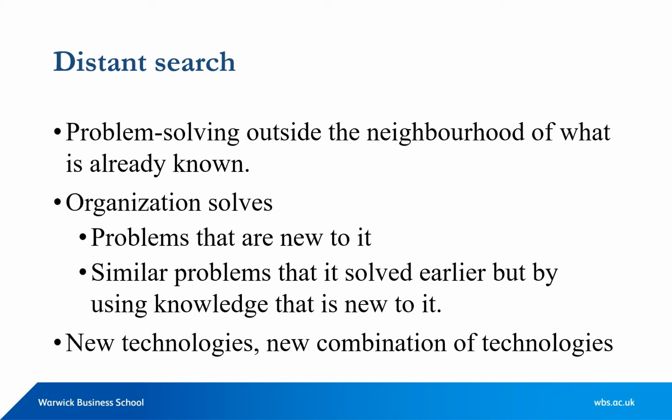Now, whether this firm uses this new technology in entirety or finds the solution by combining this new technology with its existing lithium-ion battery technologies, it is an example of distant search. So, distant search involves working on new problems, as in the first case, new technologies or new combination of technologies, as in second case. As you might have noticed, innovating along the same technology cycle is an example of local search. Shifting to a new technology cycle involves distant search efforts.